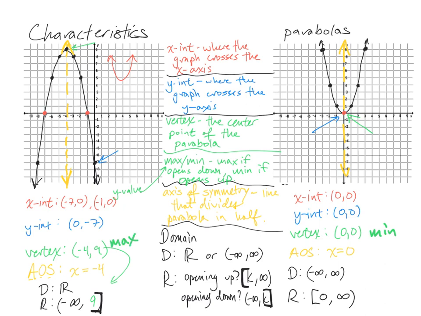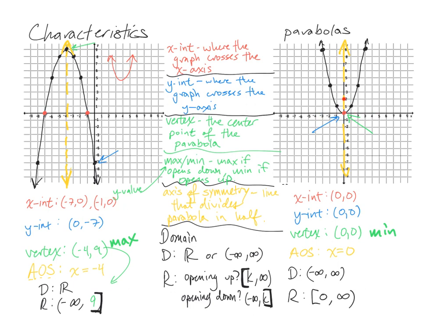The axis of symmetry here, we have a vertical line that is going vertically through the vertex. You may have noticed that it happens over here. If the vertex is the center point of the parabola and the axis of symmetry divides the parabola in half, the vertex has to be on that vertical line. Okay, so here is the axis of symmetry.